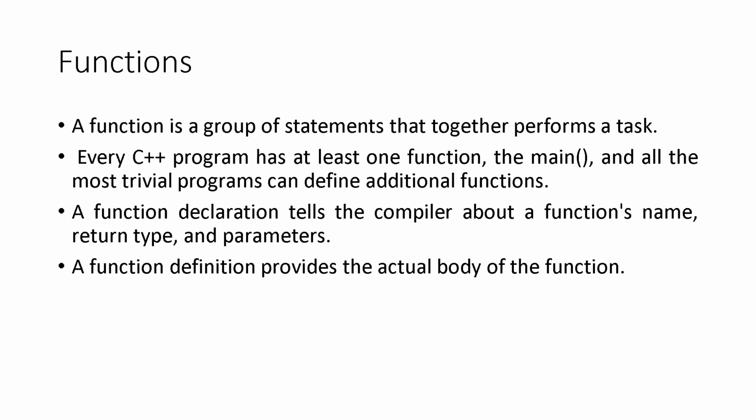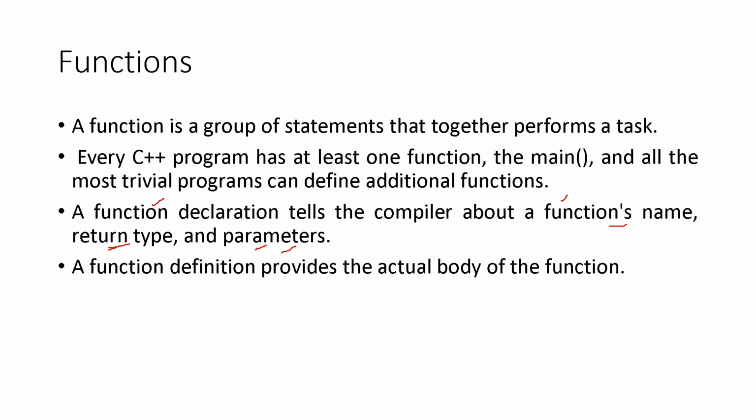That function is to be declared before it is used. A function declaration tells the compiler about the function's name, return type and parameters. When we declare a function, it tells what the name of the function is, what should be returned from it, and what the parameters, the arguments, are.